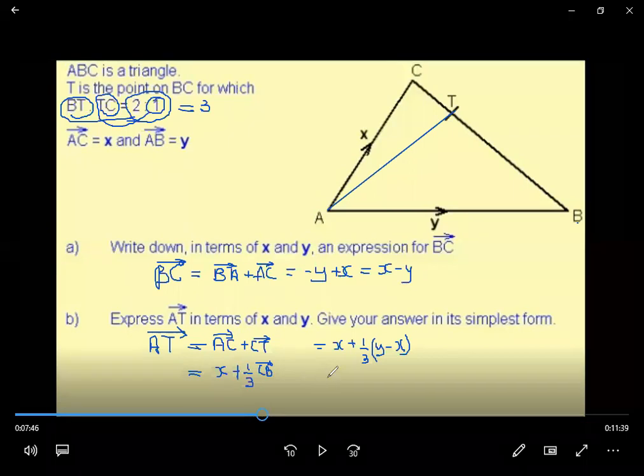And so this is going to give me x plus 1/3 y minus 1/3 x, and that is going to be equal to 2/3 x plus 1/3 y.